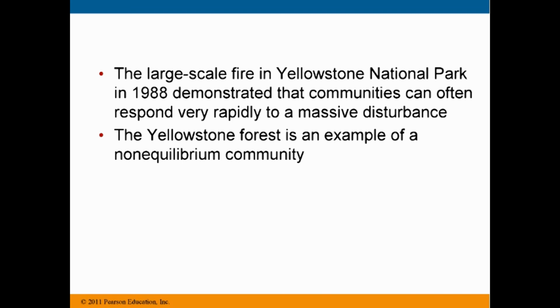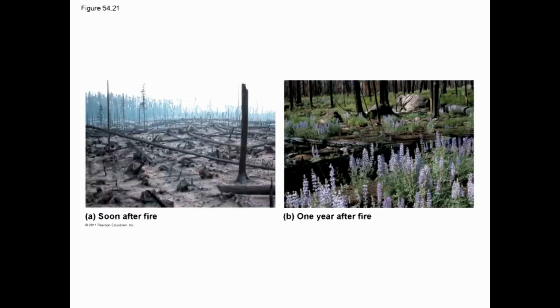A large-scale fire happened in Yellowstone National Park in 1988, and this demonstrated that communities can often respond very rapidly to a massive disturbance. The Yellowstone forest is an example of a non-equilibrium community.